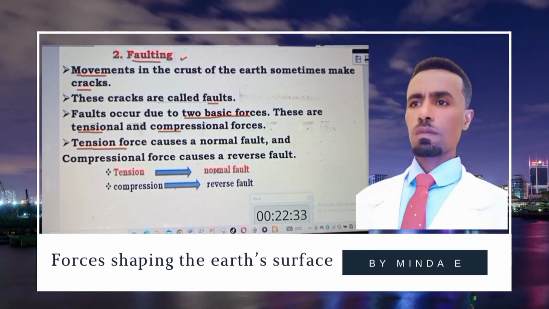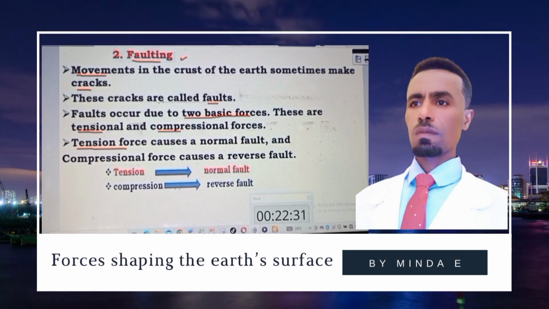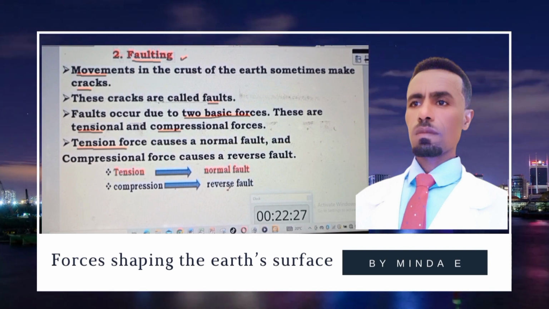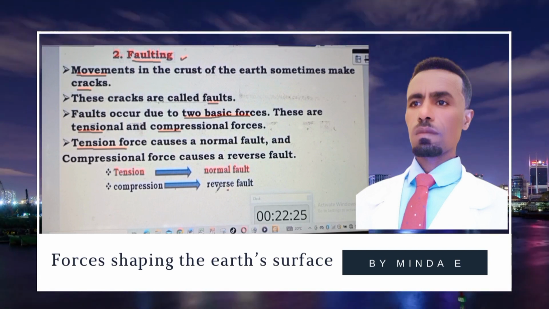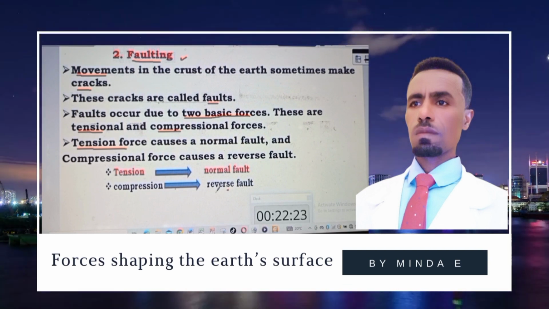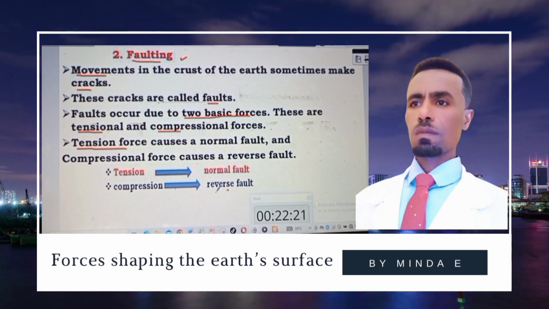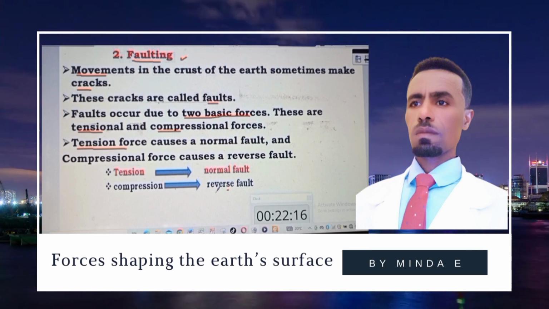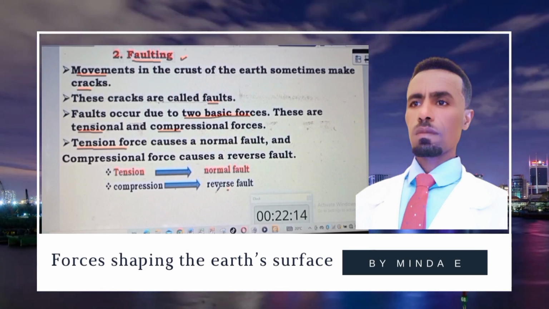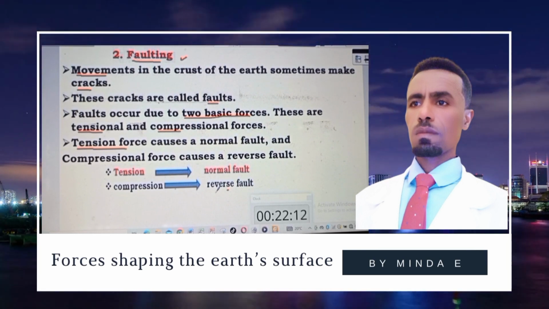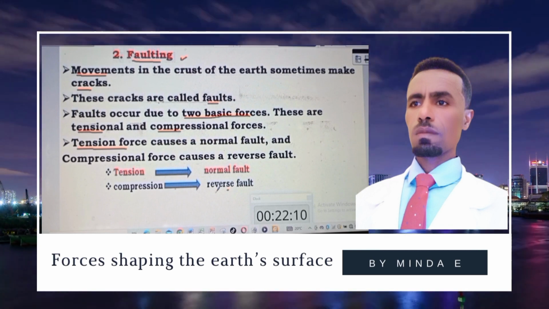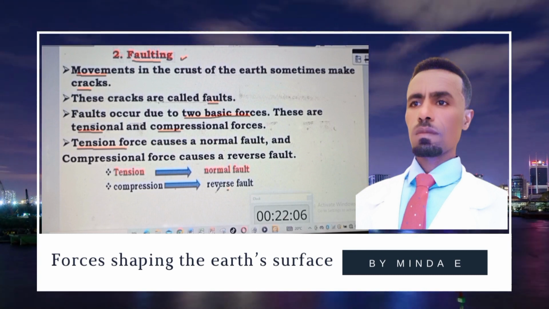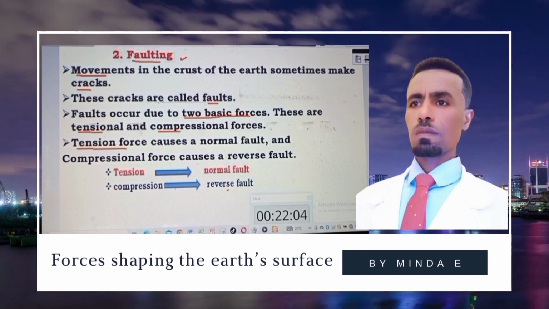So tension, normal fault; compression, reverse fault. So you can understand the difference between these forces. If tensional force is applied, the outcome is a normal fault, and if compressional force is applied, the outcome is a reverse fault.